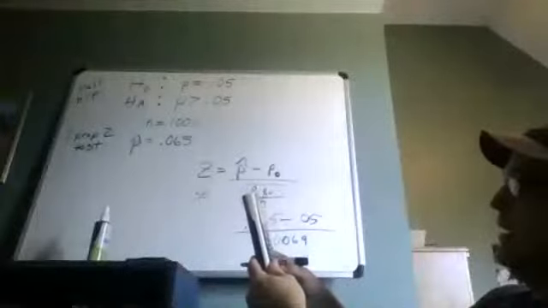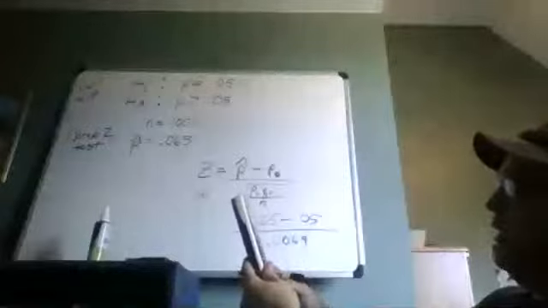Okay, so we're going to go 0.065 minus 0.05 divided by 0.0069. And I get z is equal to 2.17. Now, if you're looking for a model to follow, I'm right at the bottom of 457. Z equals 2.17. That is one z-score.